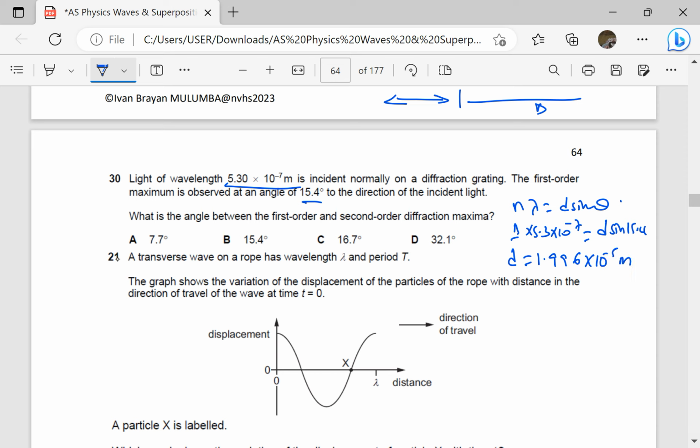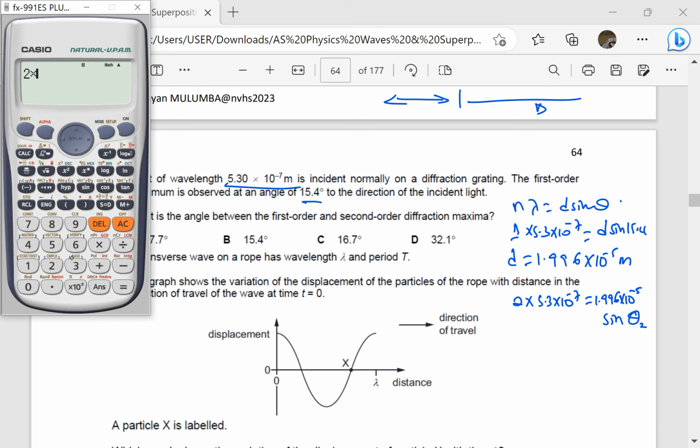So what is the angle between the first order and the second order? Let's find the angle of the second order. So n is 2, so it will be 2 times wavelength 5.3 times 10 power negative 7 is equal to d, which is 1.996 times 10 power negative 6, times sine of the angle theta 2.